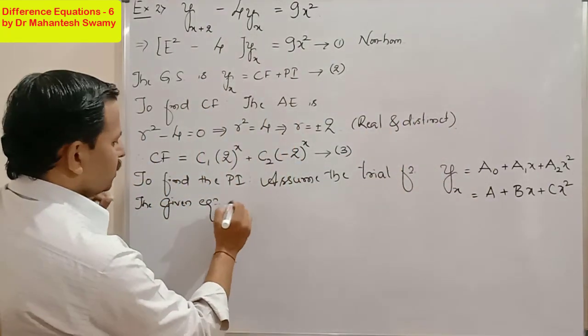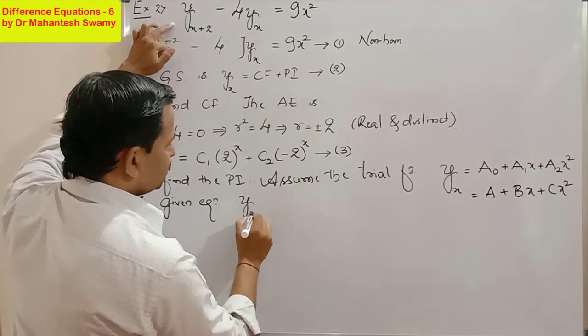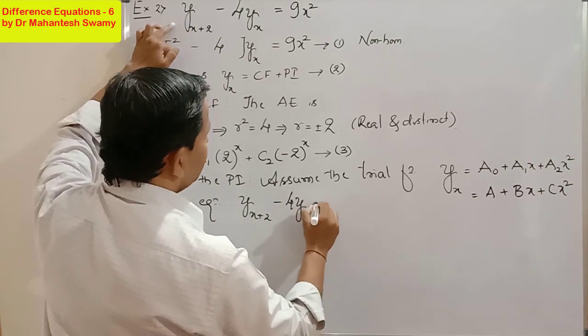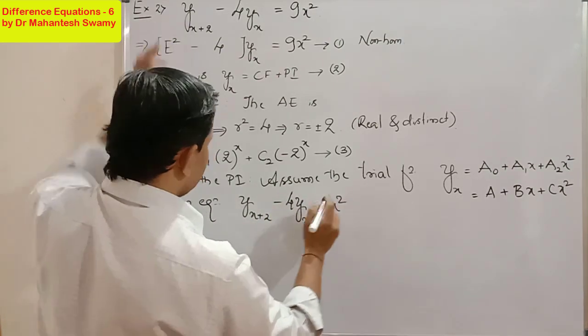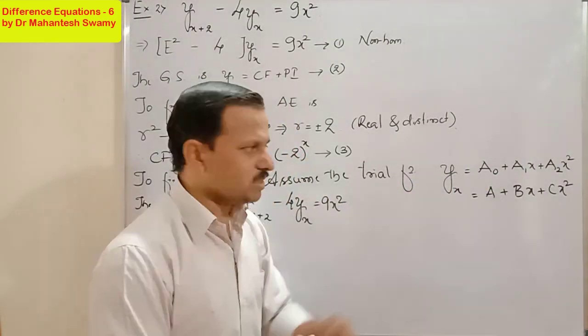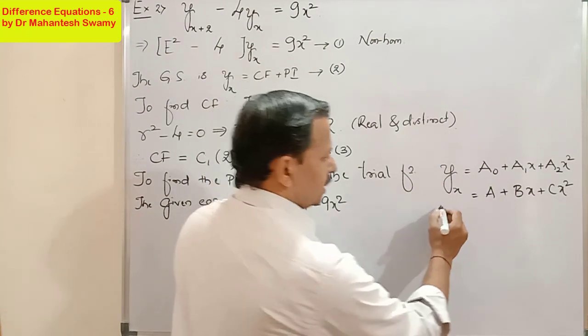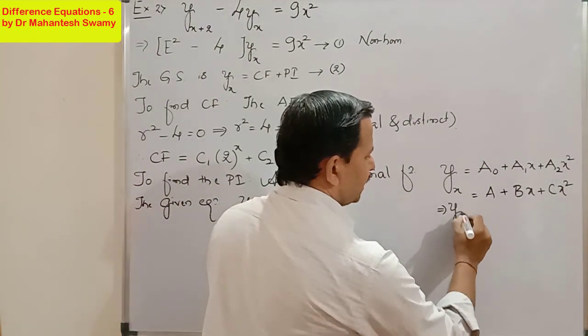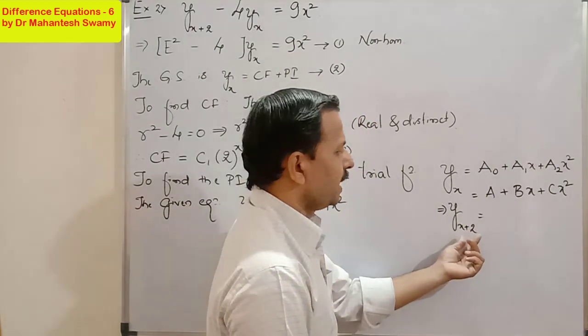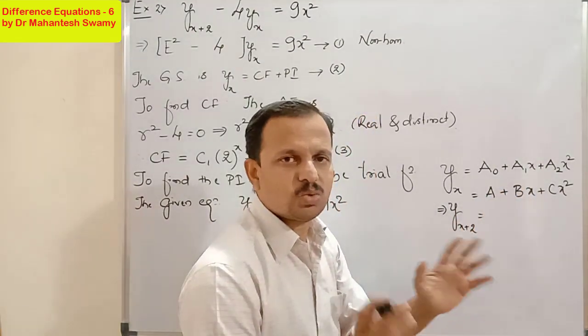This is the given difference equation. Now y(x) we have assumed like this. If this is y(x), this implies y(x+2). Of course, very simply we can write down: wherever x is there, replace it by x plus 2, that's all.